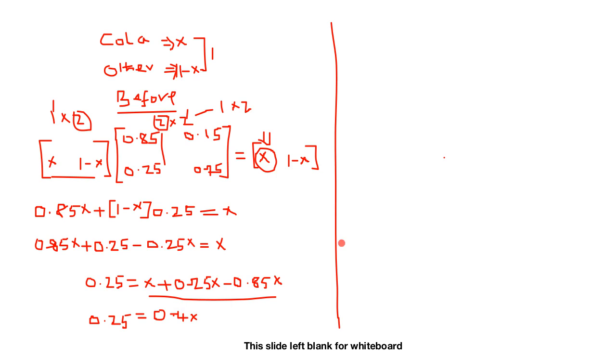Okay. Then now, to get the value of x, we'll divide both sides by 0.4. So we'll have 0.25 divided by 0.4.